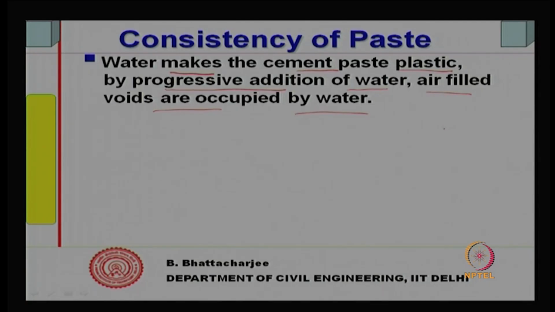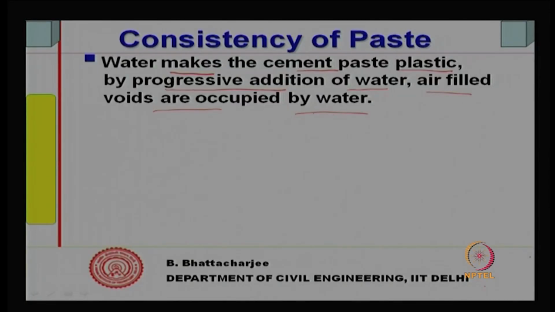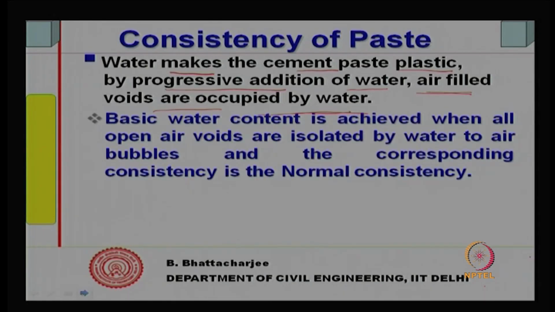So, in the original system, cement particles will have air filled space in between them. It is a particulate system, they will have a given kind of packing, but within the particles of cement, the void space will be filled by air. As I add water, the air filled space will be occupied by water. Now, basic water content is achieved.